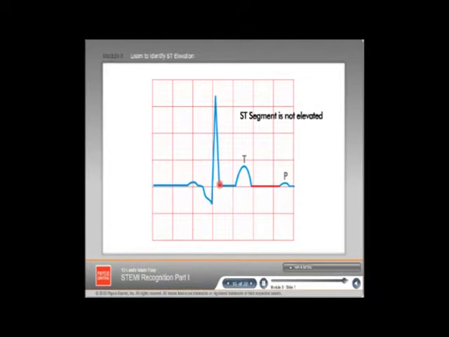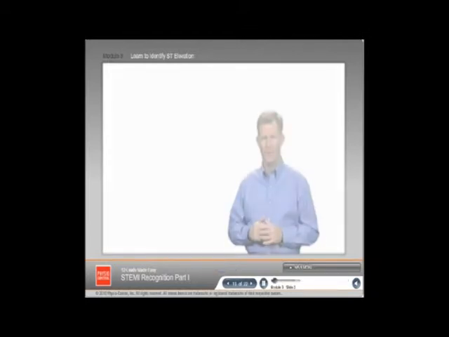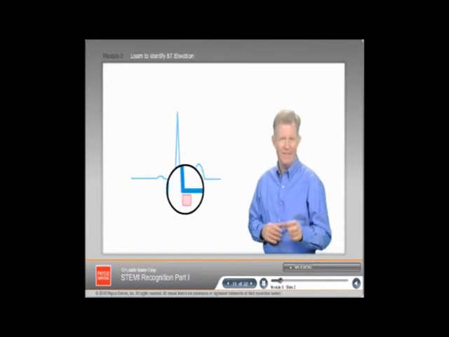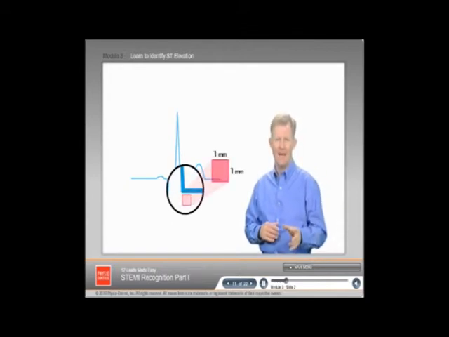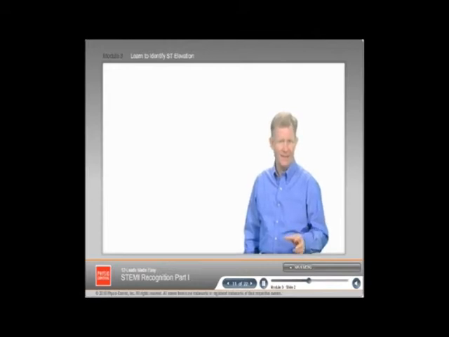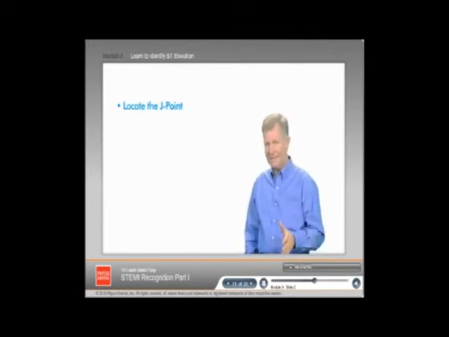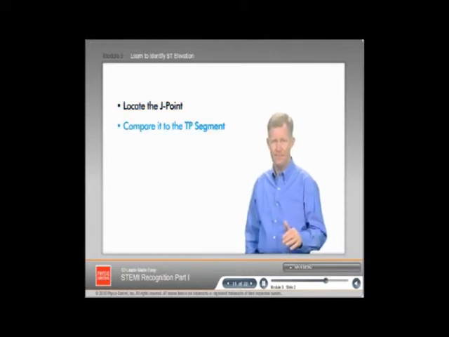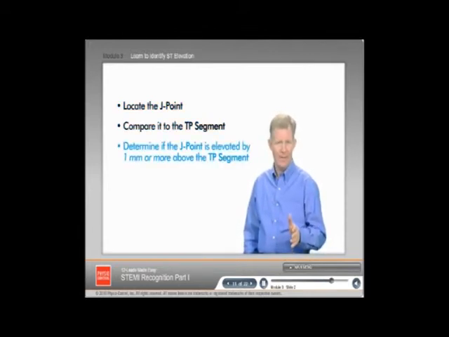Now let's get some practice identifying ST segment elevation. The smallest box on the ECG grid is 1 millimeter in size. Elevation of the J point by 1 millimeter or more above the TP segment is considered abnormal. In the following 6 examples, please locate the J point, compare it to the TP segment, and determine if the J point is elevated by 1 millimeter or more above the TP segment.